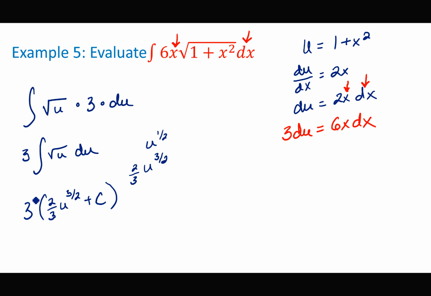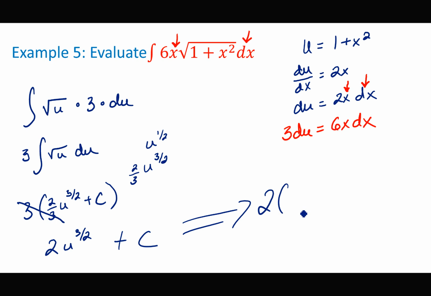All right, if I were to distribute the 3 in, I don't have to worry about the c, it's still a constant. So 3 times 2/3 here, so I have 2u to the 3/2 plus c. But then for the final answer, I'm going to put back in what u actually is. So it's 2 times (1 plus x squared) raised to the 3/2 plus c.